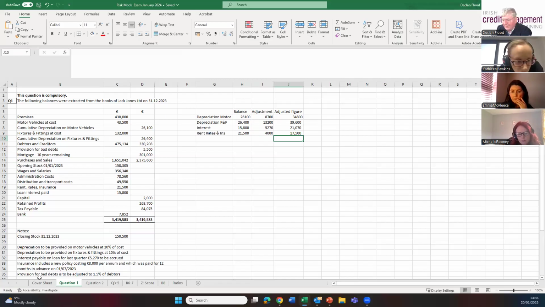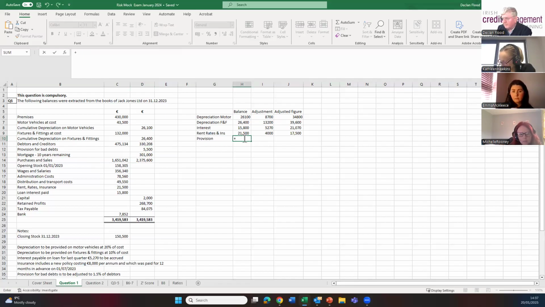And then the provision for bad debts is to be adjusted to 1.5% of debtors. So what is my provision? If you want to copy them across, whatever. My provision for bad debts is there. It's 5,500. So what is 1.5% of debtors?